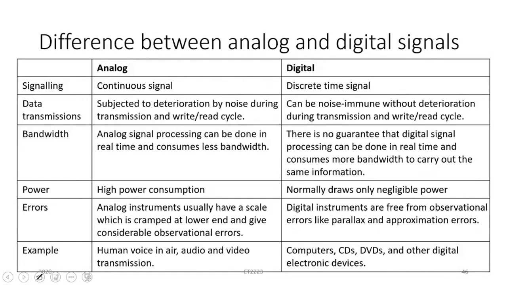Then in terms of bandwidth, if we transmit analog signals as analog signals, they will not need a lot of bandwidth, but the problem of data deterioration is there. But digital transmission will need significantly higher bandwidth in many cases.